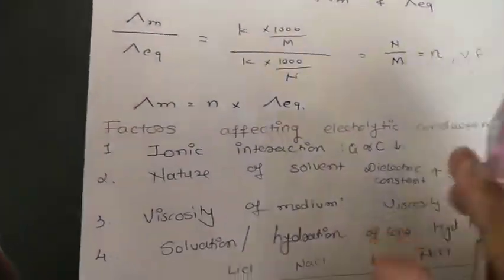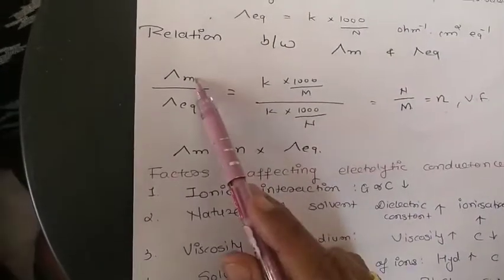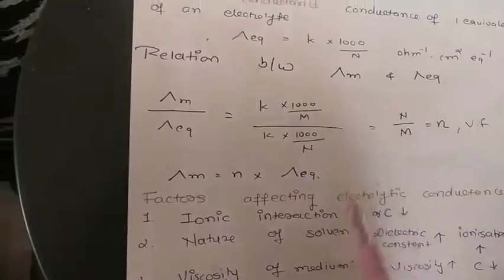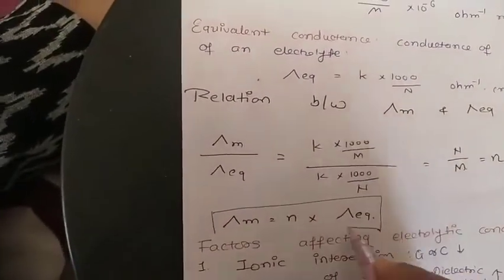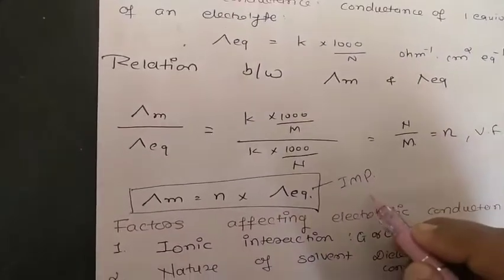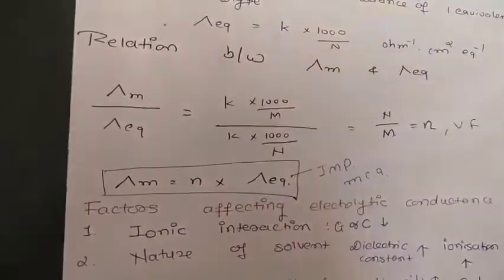So the formula is lambda m is equal to n factor multiplied by lambda equivalent. This formula is very important, and a number of MCQ questions will be asked based on it.